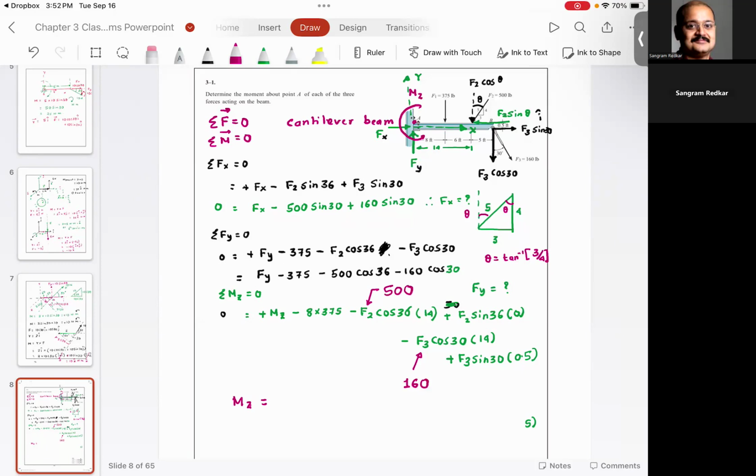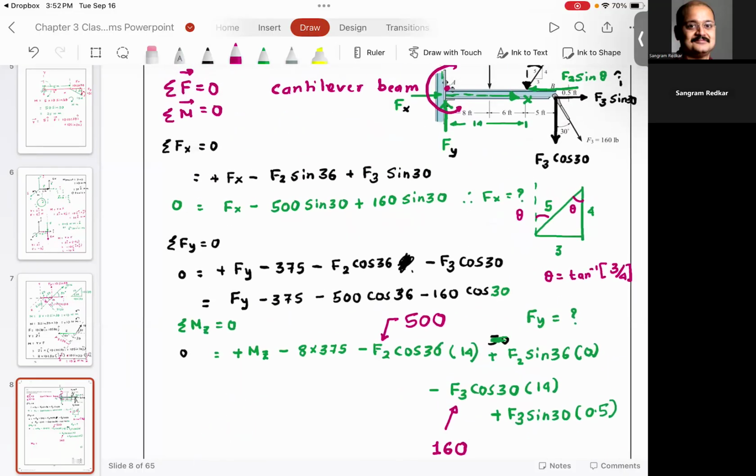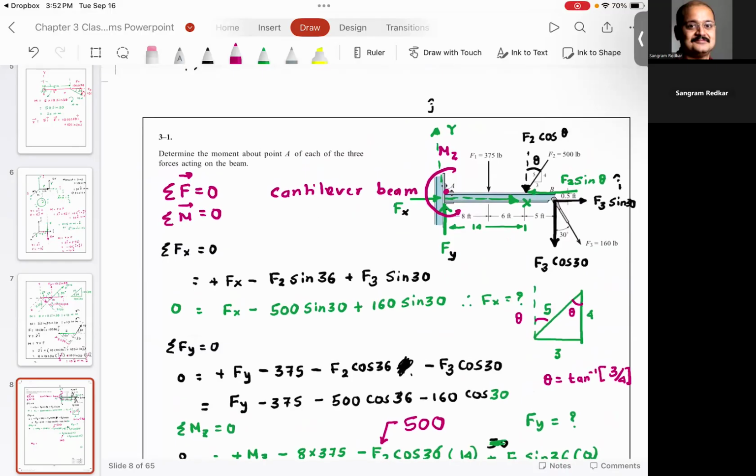You could explain the first part, like how did we know that it's positive? Mz. Okay. Now, please try to understand. A priori, Mz is the reaction moment. It means Mz is counteracting all the forces that are making that beam unstable. I just assumed it.